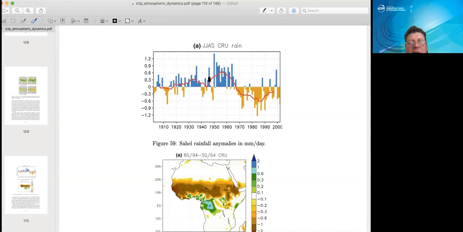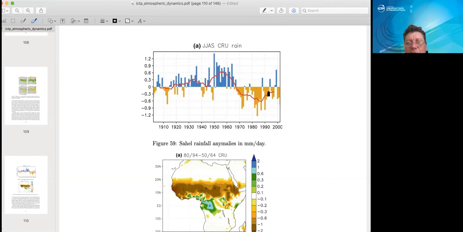So we have a period with above normal rainfall, and then followed by, in the 70s, 80s, and 90s, a period with below normal rainfall. And the more tragic thing is actually that these are multi-year events. So whenever you start to look at climate time series, this is very unusual, because usually we would expect interannual fluctuations, more something that looks like random fluctuations between one year and the other.